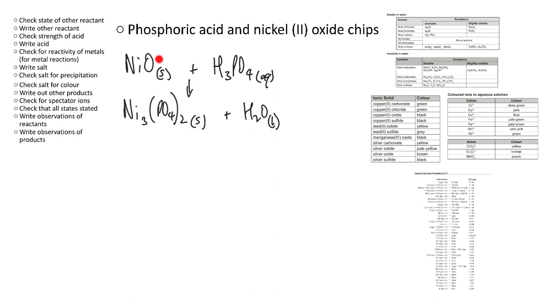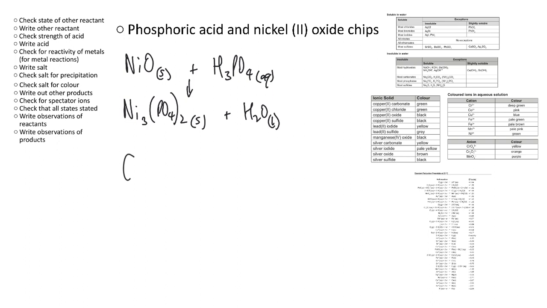Okay, so what color is this nickel oxide substance? Okay, so nickel oxide, not here. So we check the colors of its component ions. Nickel is a green ion. Oxide is no color, so therefore this is a green solid.